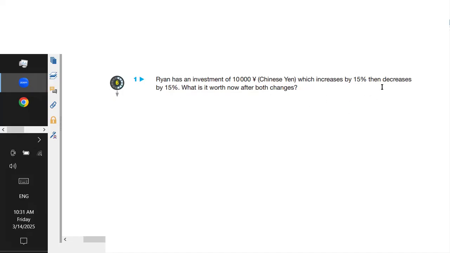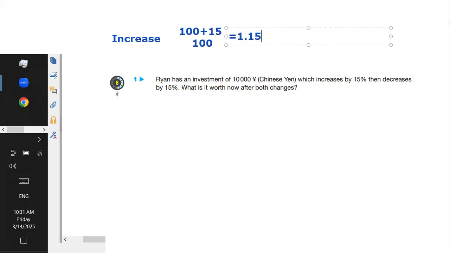So first, let's find the multipliers. So we have a multiplier of increase first, and the increase is 15%. So basically, how do you find it? Very good. You add to 100, and then you divide by 100. This is how you find the multiplier of increase, and the answer will be 1.15, like this.